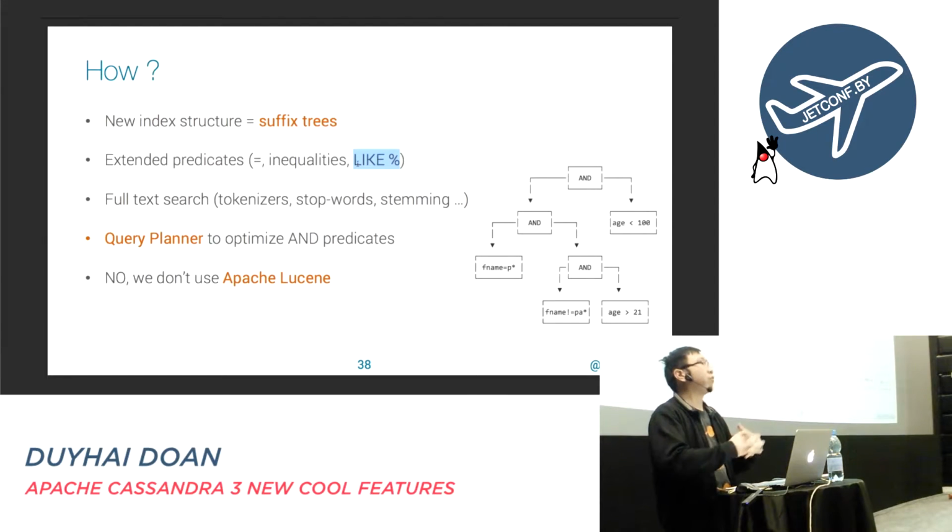If you are familiar with Solr or Elasticsearch, you know what it means. They also created a query planner, like in Oracle. If you have a complicated predicate, the query planner will build a tree of expressions and will optimize all the predicates for you.